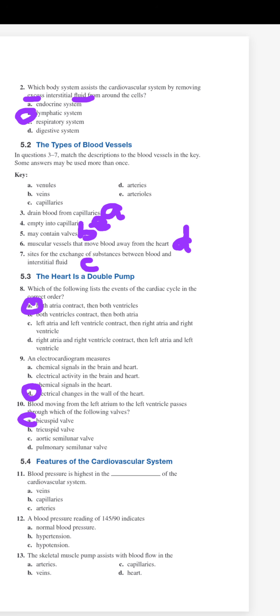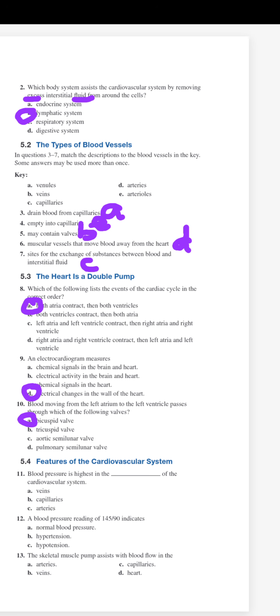Bicuspid is because it has 2 cusps, and tricuspid is obviously 3 cusps. A semilunar valve is between the ventricle and the aorta, or the ventricle and the pulmonary artery. But bicuspid and tricuspid are atrioventricular valves, which are between the atria and the ventricle.